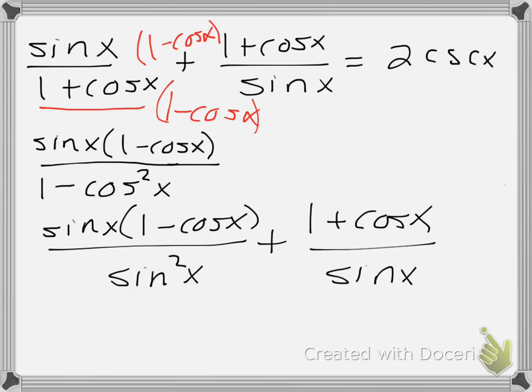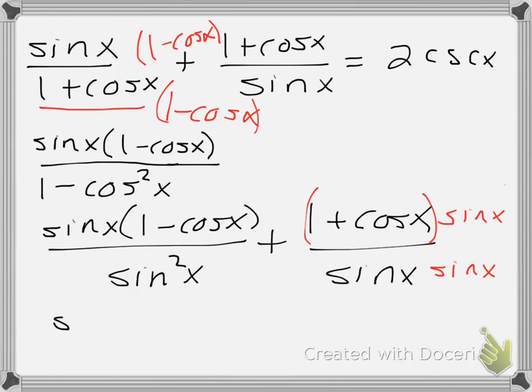Now I can say, well, I'm actually pretty close to making these have the same denominator. If I just multiply my second part by sine, then I have a common denominator of sine squared. So I'll multiply sine of x times 1 plus cosine. So let me rewrite what I have in my numerators now.